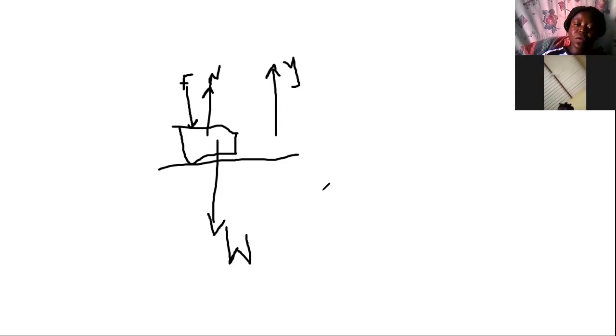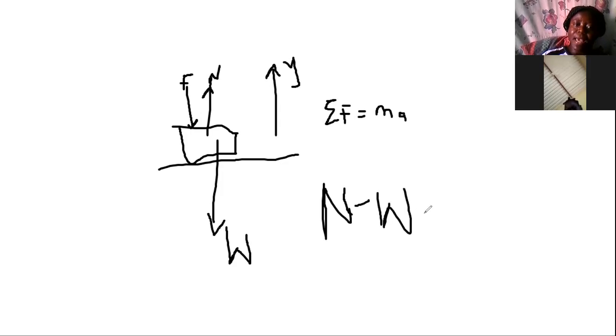Okay, so we see that if I do Newton's second law, that says the summation of the forces is equal to the mass times what? Times the acceleration. So what are the forces acting? We have a normal force minus the weight minus the applied force.